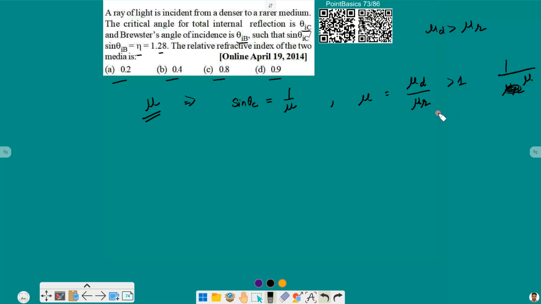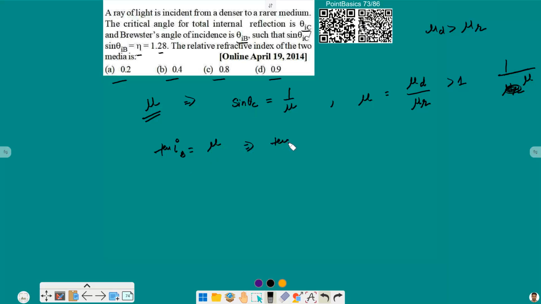So starting with this, we know that tangent of IB will be equal to mu. That's the relation for a Brewster angle, and here 1 by mu is equal to sine of theta c.